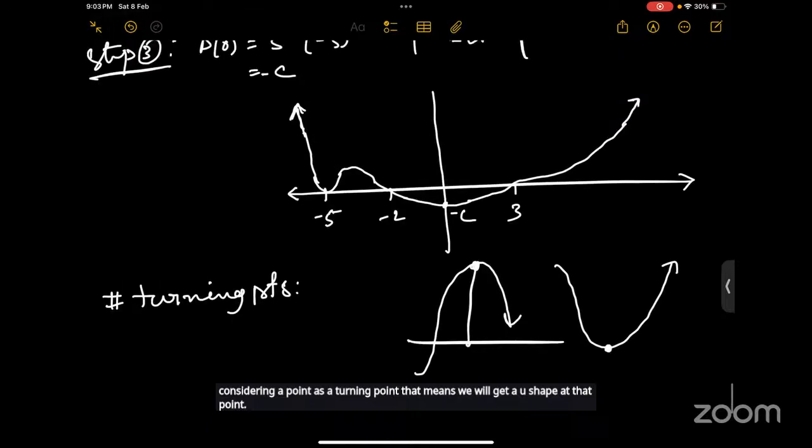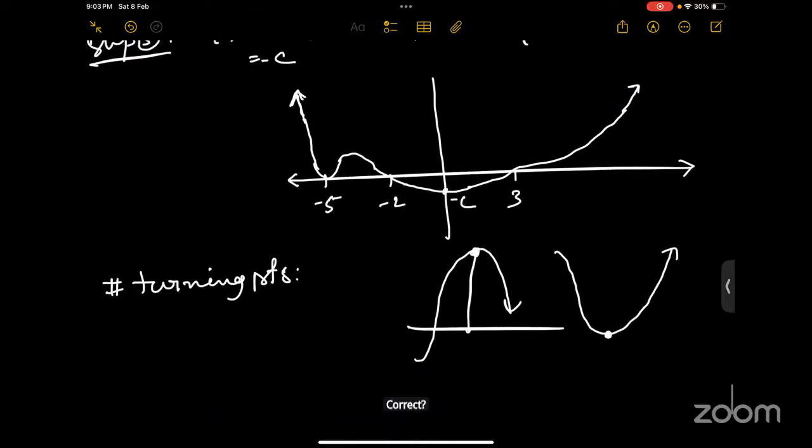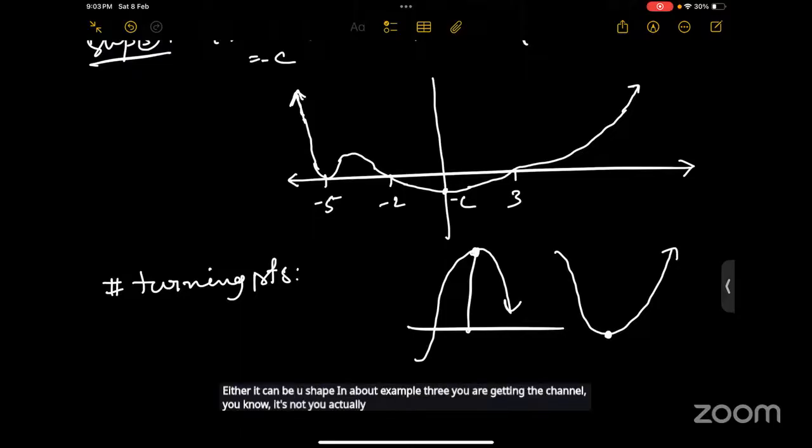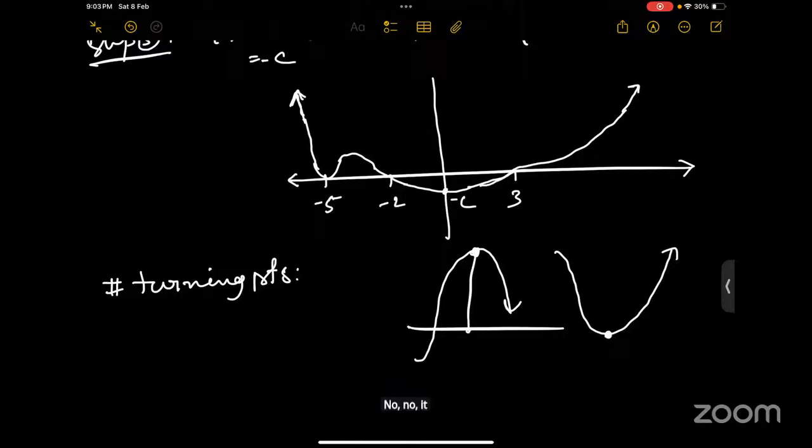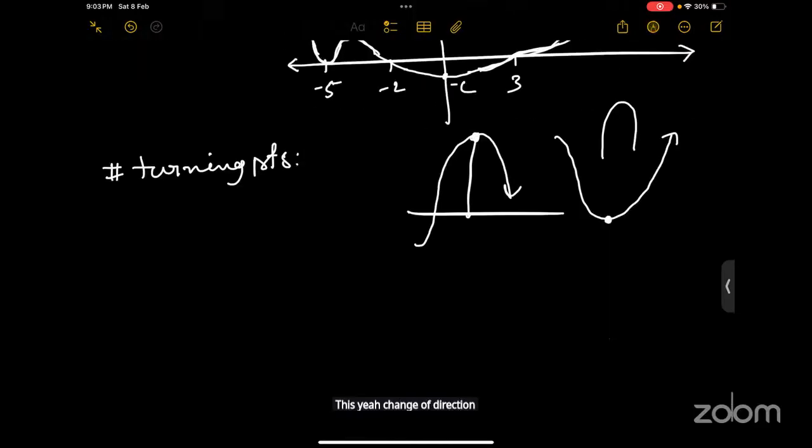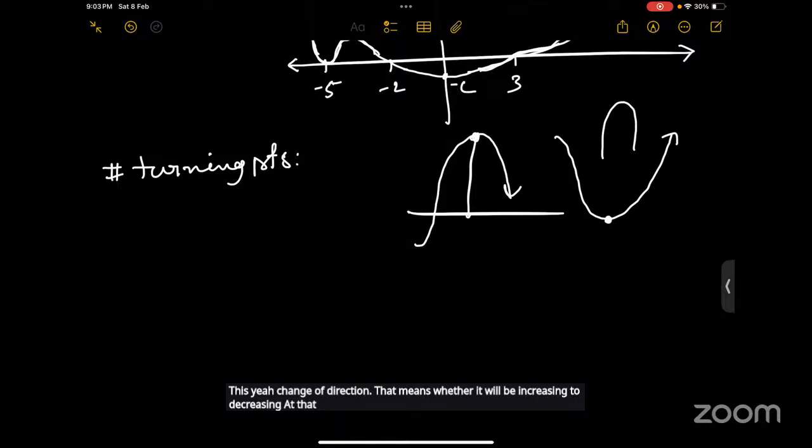But in the above example 3, you got that saddle, madam. That's not a U actually, it's not a turning point there. You have to get a proper U shape, that is a change of direction. That means at that point it is either increasing to decreasing or decreasing to increasing.